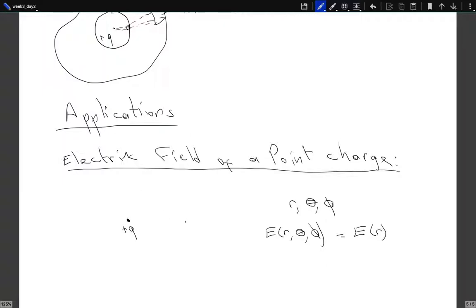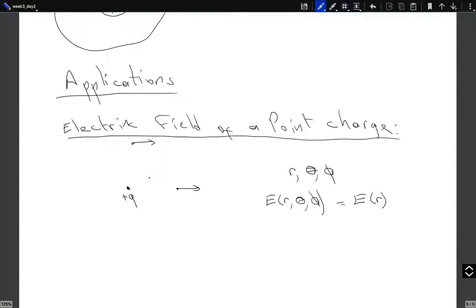Now, secondly, what about the direction of the electric field? What can I say about the direction? Let's assume the electric field here is pointing in this direction, and the electric field here maybe points in that direction. Is it possible? Okay, if I'm asking, it's not possible, but why? Well, let's imagine rotating my system by 90 degrees.